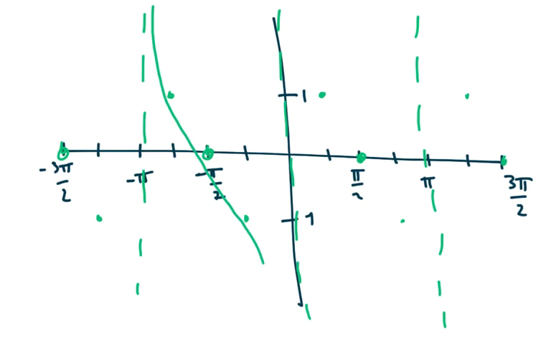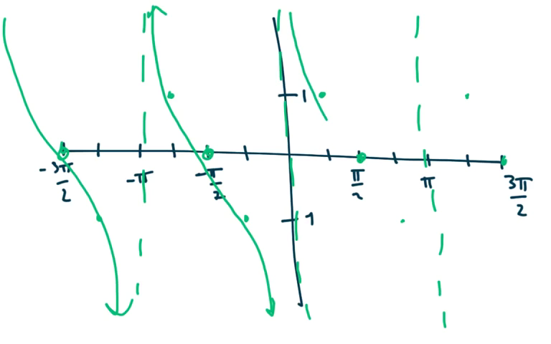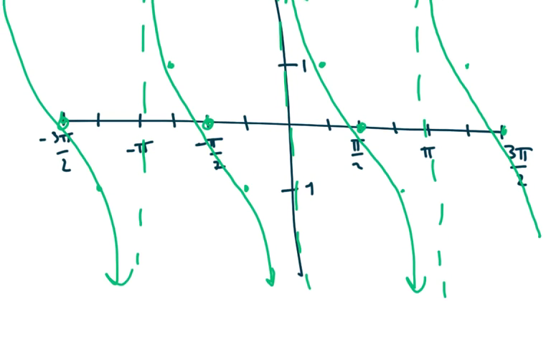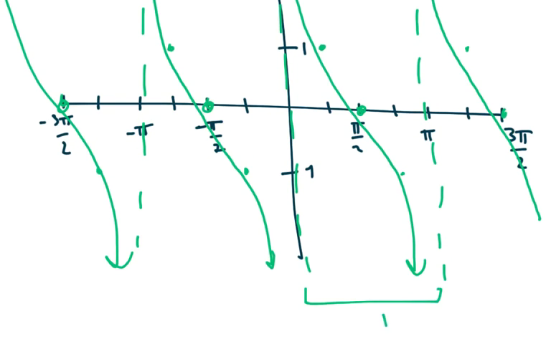So the difference here is I want you to notice the graph is going down from left to right instead of up from left to right. The period is again pi. And the graph has no maximum or minimum.